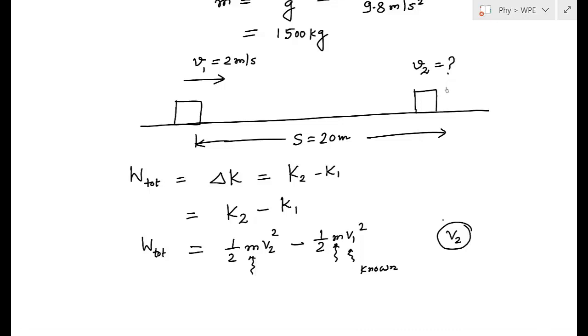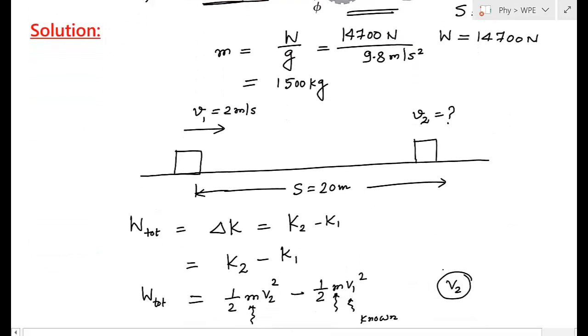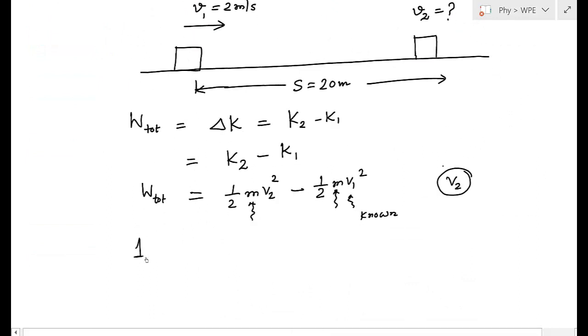So total work done is 10 kilojoule. If you remember, the total amount of work that is done on this sledge is equal to 10 kilojoule. That is given. So let us write it in joule.